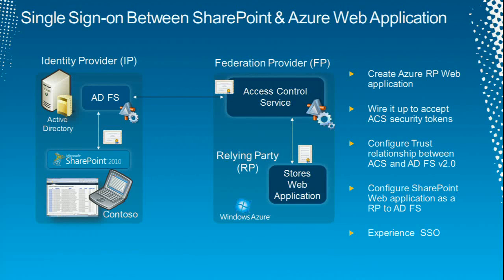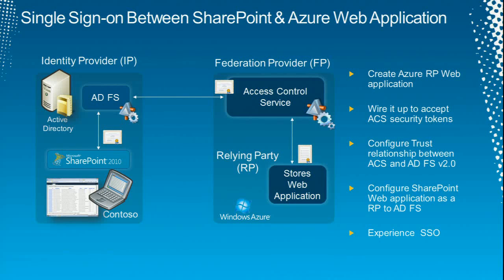The federation provider has relationships with one-to-many identity providers. In this case, my identity provider is ADFS. So the federation provider has a certificate that's been given to it by ADFS, so it can trust the tokens that ADFS hands it. But then I also have a trust relationship between SharePoint as a relying party to ADFS. So we have a lot of things going on here.